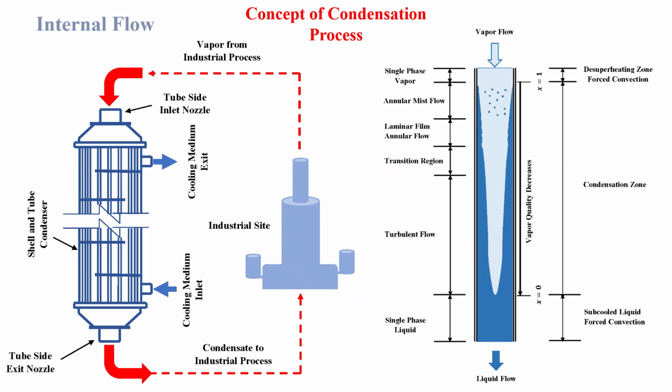Let us consider the vapor flow from the top of this vertical tube enters at the top side, and if it was superheated vapor, then we should desuperheat this vapor before getting condensation, and that means we have to reach the saturation temperature of that vapor, and we have X equal to 1.